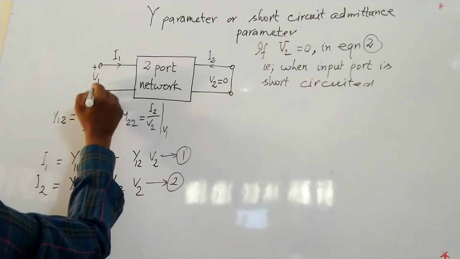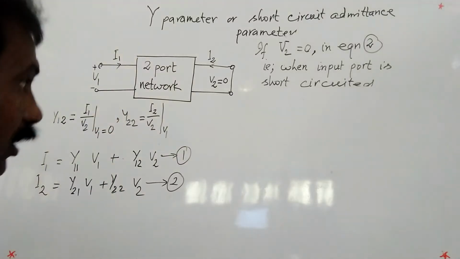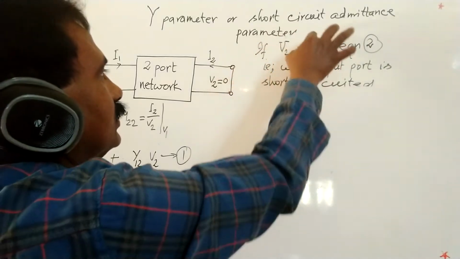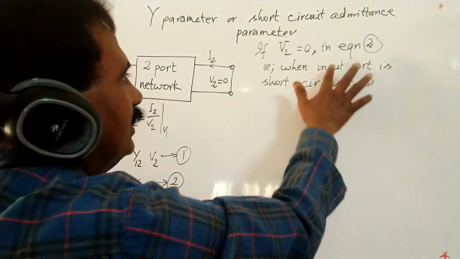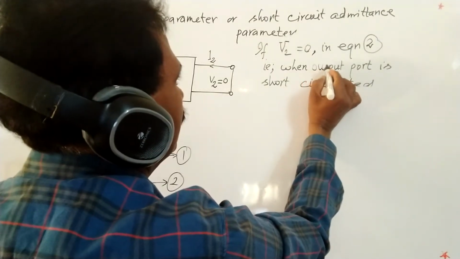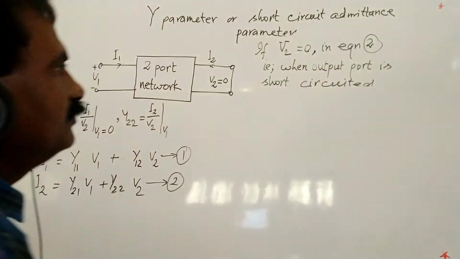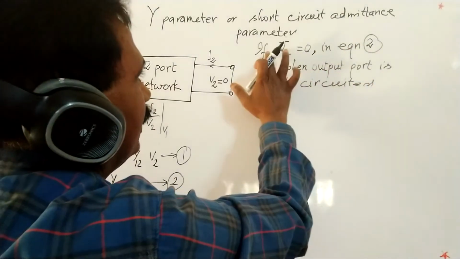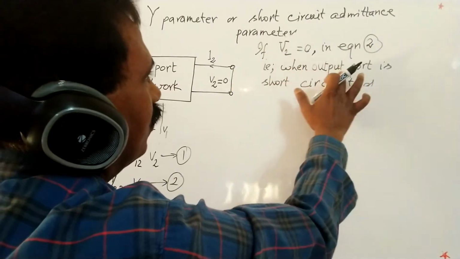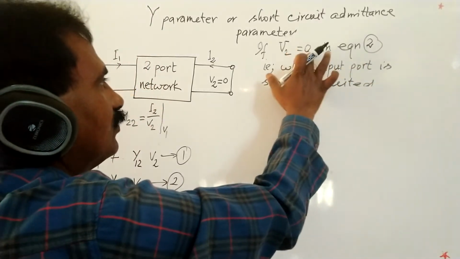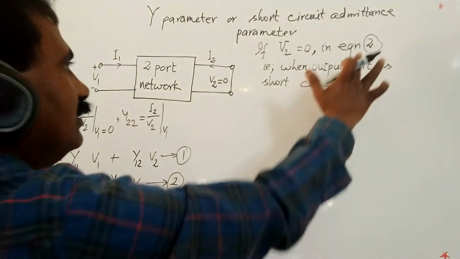Okay, are you getting it? Then when V2 equal to 0, it means the output port is short circuited, and we are keeping this value V2 equal to 0 in equation 1.